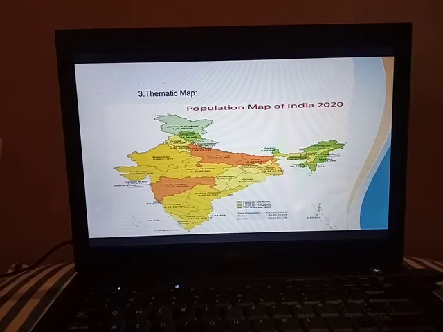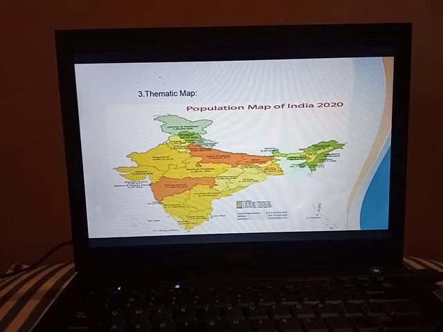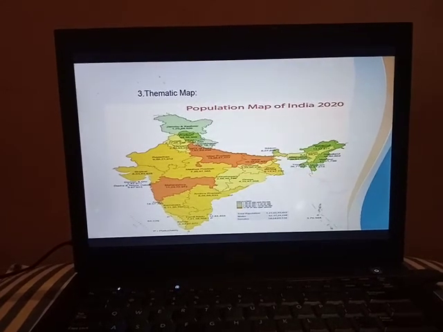We can study the illiteracy rate, death rate and birth rate, how many females or males are present in a particular state, and the population of a particular area of the country, state wise, district wise, taluk wise, or on a village basis. Basically, thematic maps help us in research work and survey work.